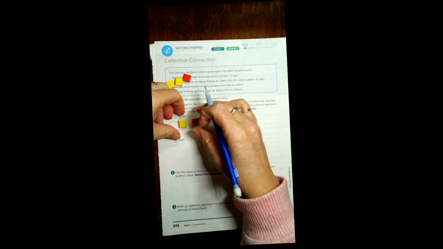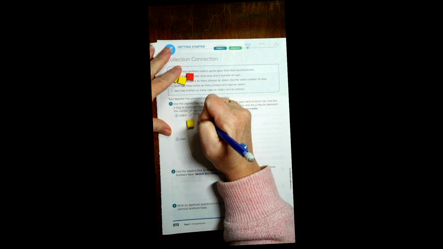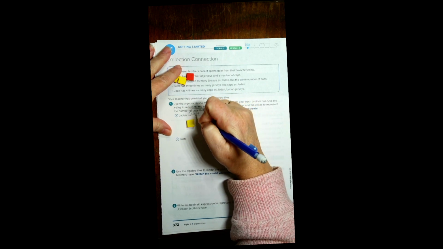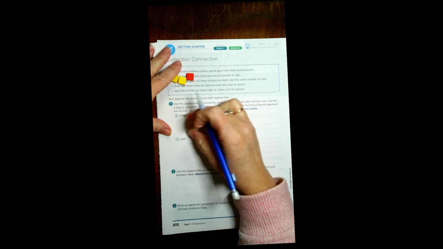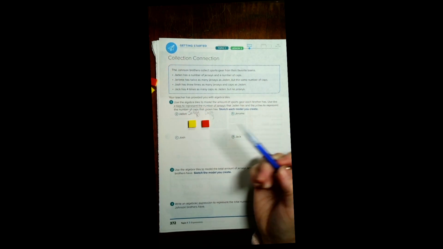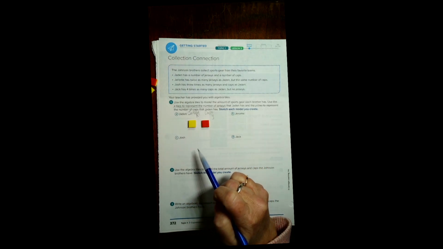We're going to label it so that we know what we're doing here: jersey, caps. This is our Y, this is our X. So he has some number. I don't know how many that is. It's just some amount. Pretend that there's like a mystery number written on these.